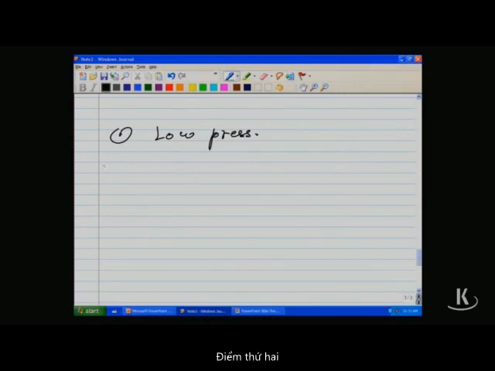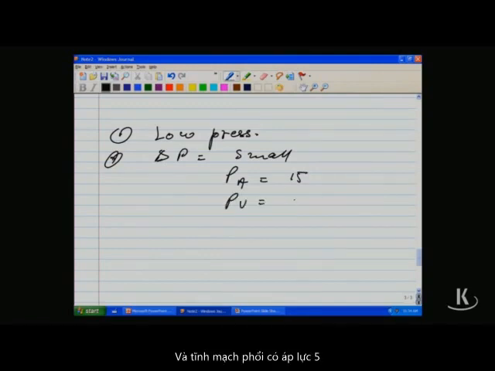The second point, that the pressure gradient is small. We said that the pulmonary artery has a pressure of 15 and the pulmonary vein has a pressure of 5, all units in millimeters of mercury. So therefore the pressure gradient is approximately 10 millimeters of mercury.